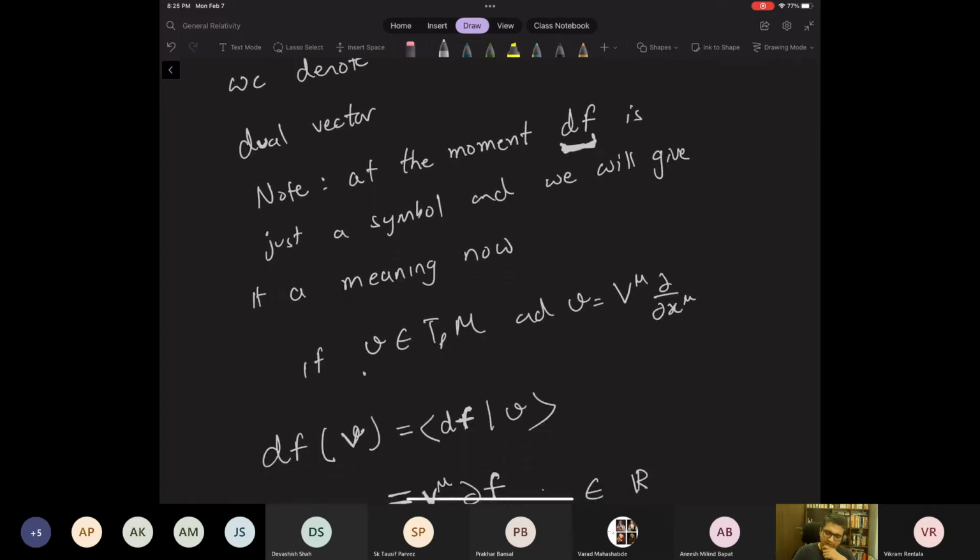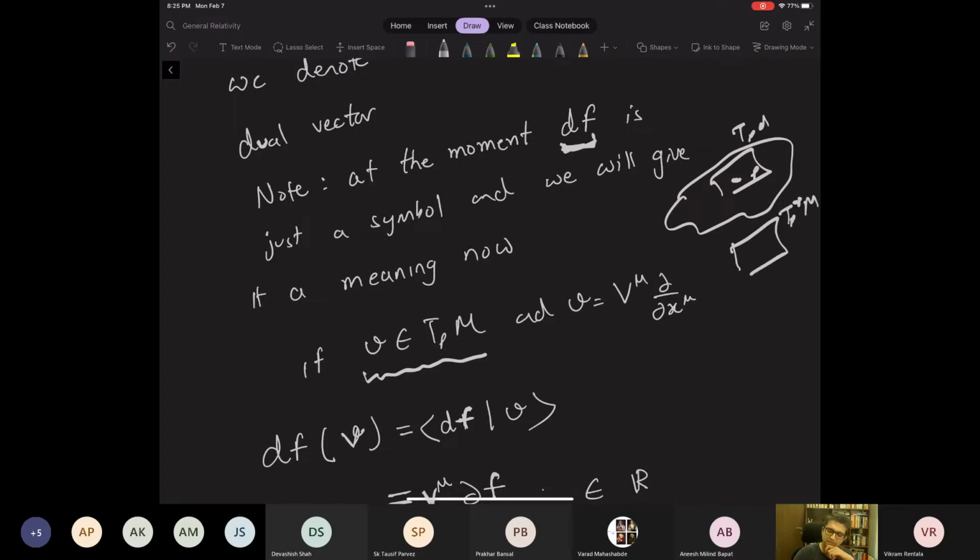Now, if you have a vector belonging to the tangent space, remember at every point on the manifold I have a tangent space, and we also have a dual cotangent space. So we have a vector v, which lives on the tangent space and in some coordinate basis has components v^mu partial x mu.